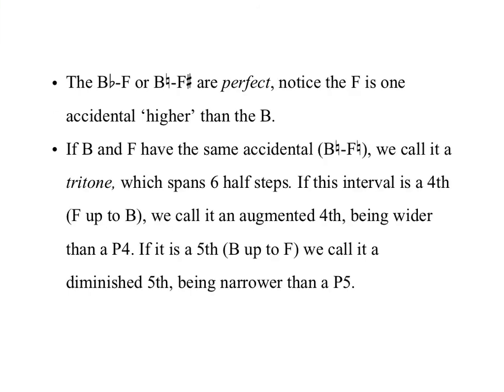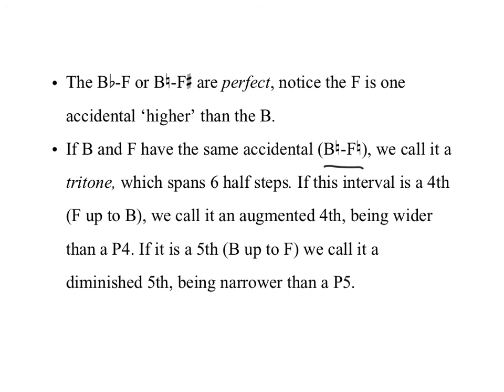For the B and F pairing, the B flat to F or the B natural to F sharp are perfect, and notice that the F is 1 accidental higher than the accidental on the B. If B and F have the same accidental, however, we call it a tritone, and it spans 6 half steps no matter which direction we go in, whether it's a fourth or a fifth.